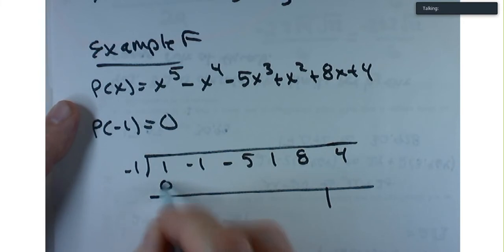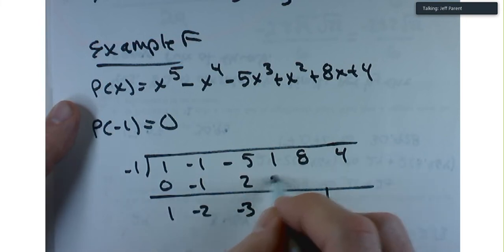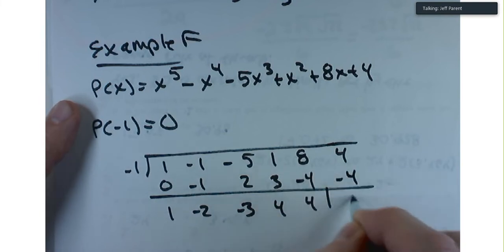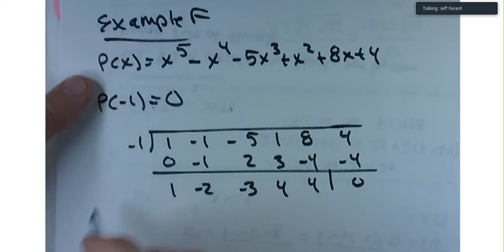Add going down: 1, -1, -2, 2, -3, +3, 4, -4, +4, -4, and 0. Excellent. So that's telling me that p of x can be rewritten.